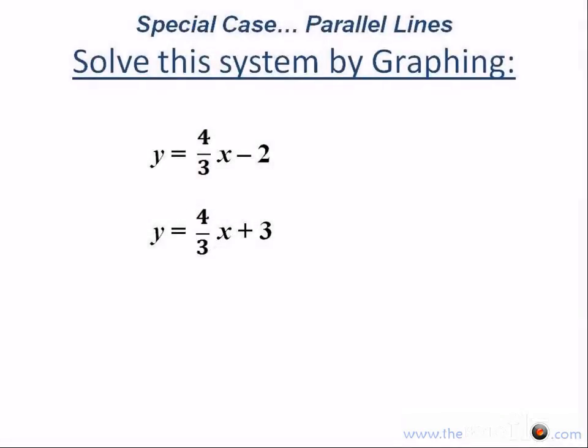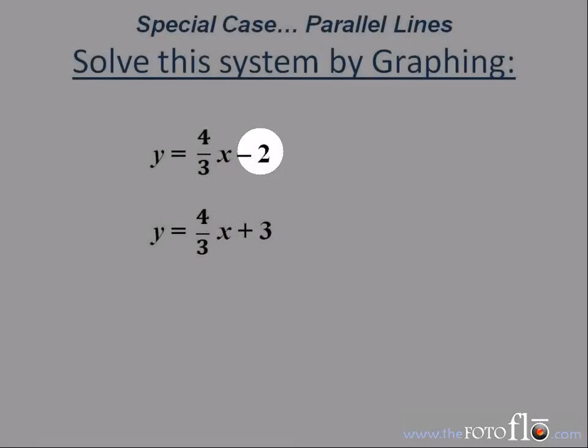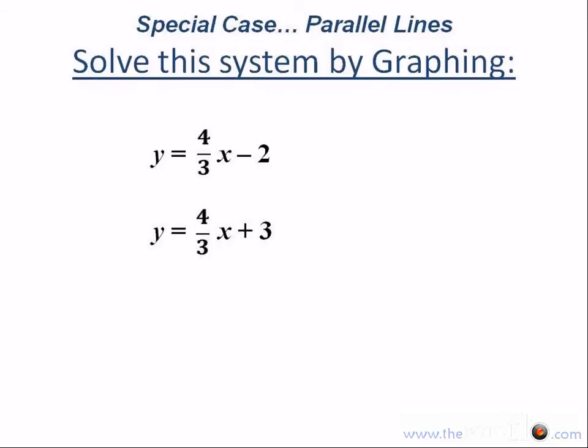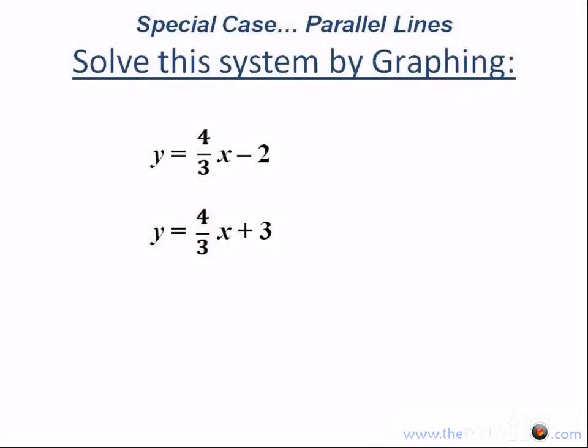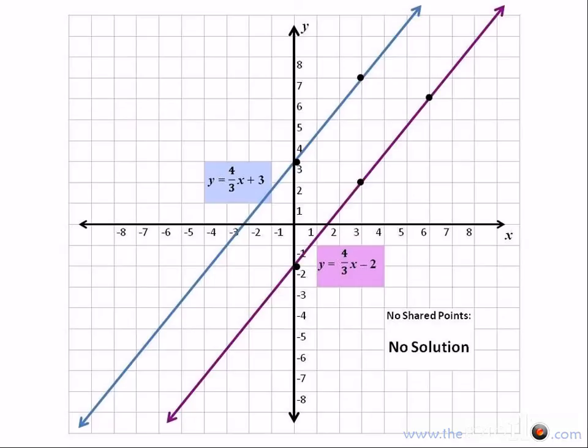However, they have different y-intercepts. This means that the system represents parallel lines. As we can see, parallel lines do not share any points. Therefore, this system has no solution.